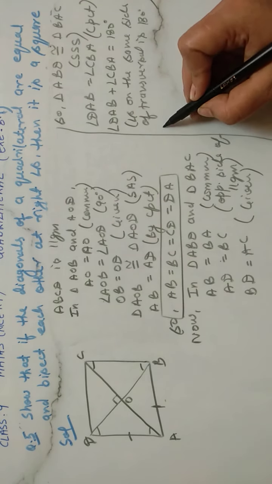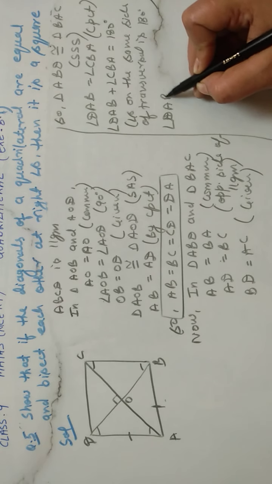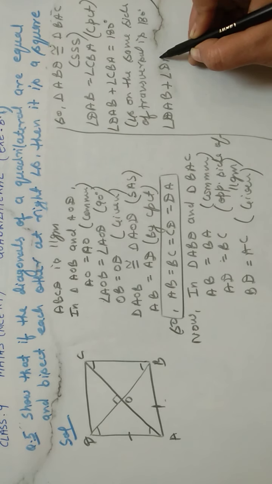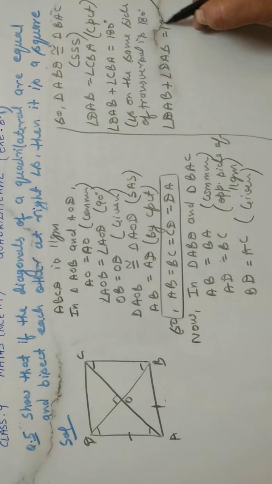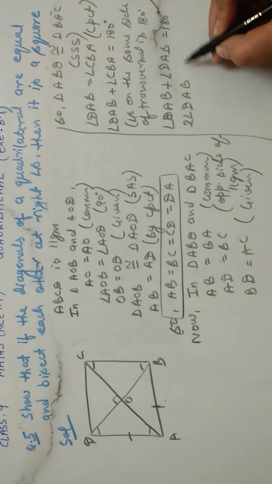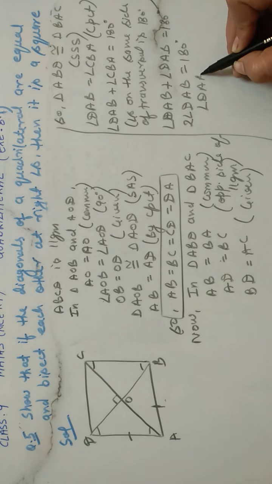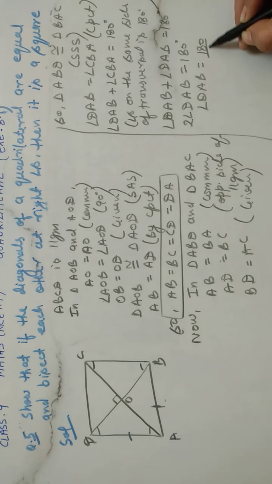Anytime you can write. So both are equal, so you can change it. Angle DAB plus angle DAB is 180. So 2 angle DAB is 180. So angle DAB is 180 upon 2, that is 90 degrees.